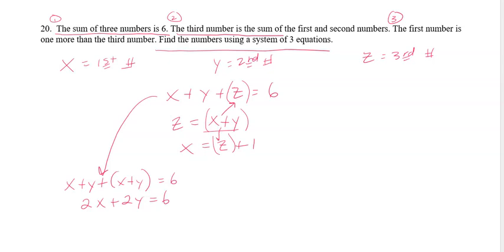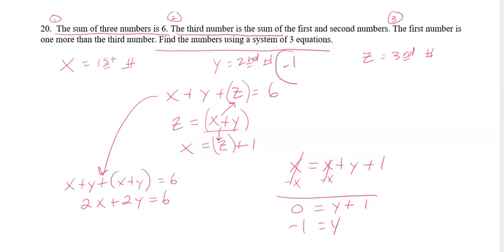Now I'm going to replace z down here. x equals x plus y plus 1. When I subtract x from both sides, I get 0 equals y plus 1. So the x's just cancel out. And then I subtract 1 from both sides, and that gets me the second number. The second number is going to be negative 1.